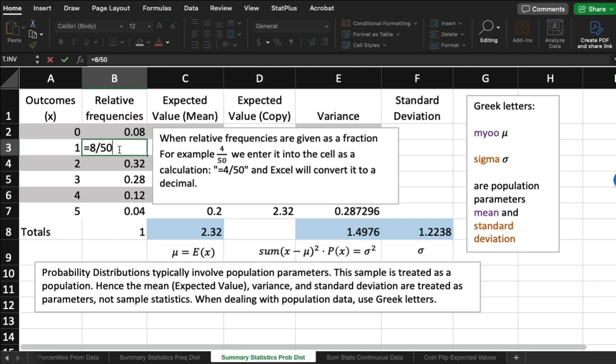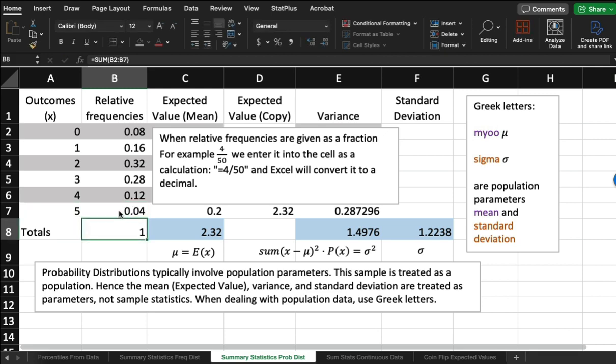In cell B3, that is equals 8/50. In cell B4, that is equals 16/50. In cell B5, that is equals 14/50. In cell B6, equals 6/50. And in B7, this was equals 2/50.